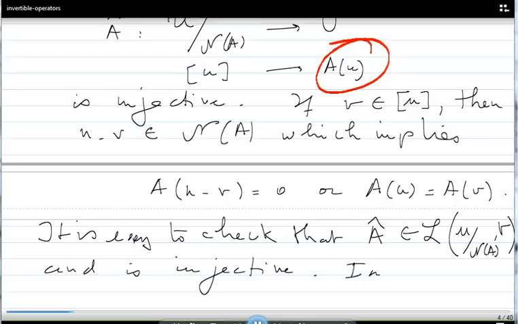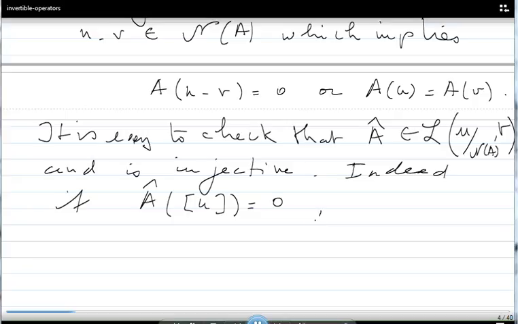Indeed, if A hat of the class of u is equal to 0, so I'm trying to find the null space, then A of u is equal to 0.